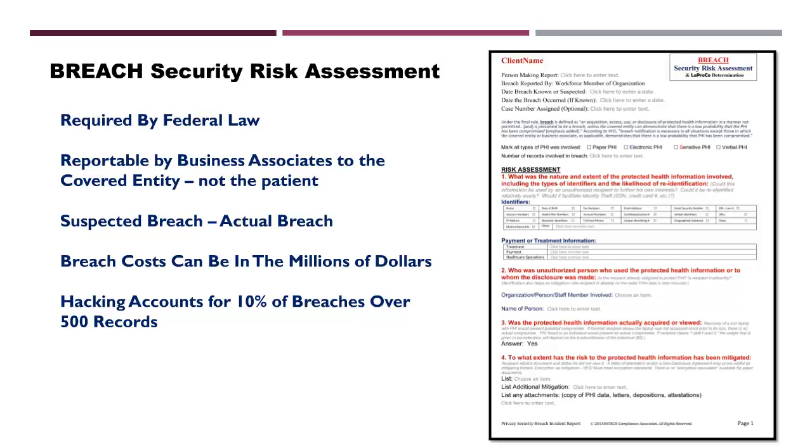Your job as a business associate is to report it to the covered entity, not to the patient. Remember that under HIPAA, even a suspected breach is an actual breach until we fill out the breach security risk assessment to determine that no breach has occurred.